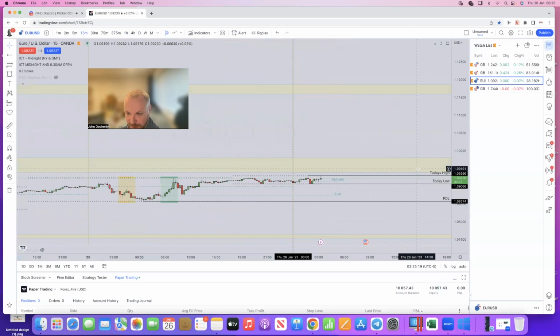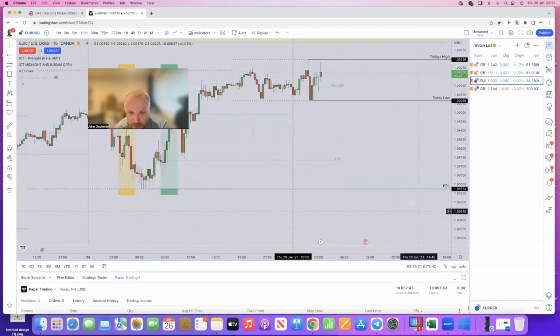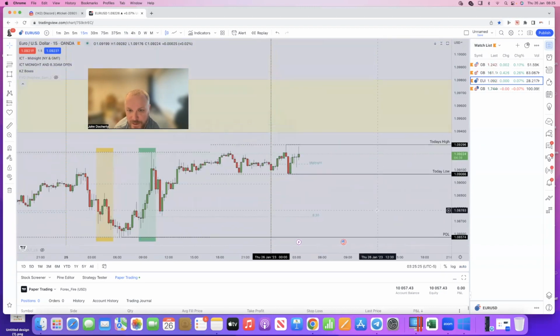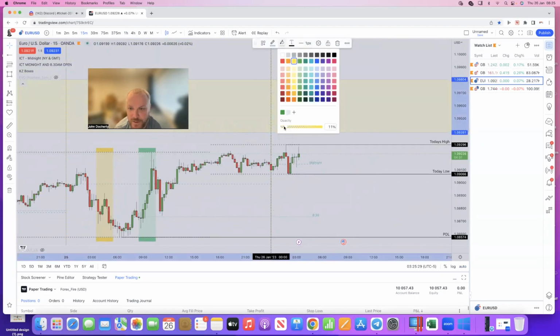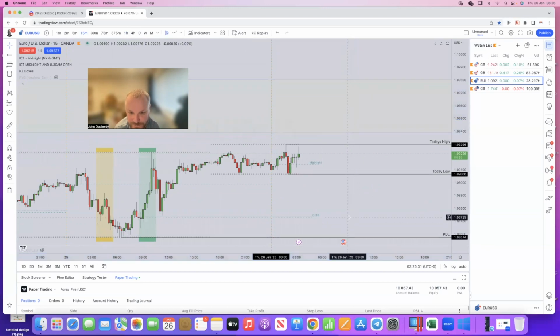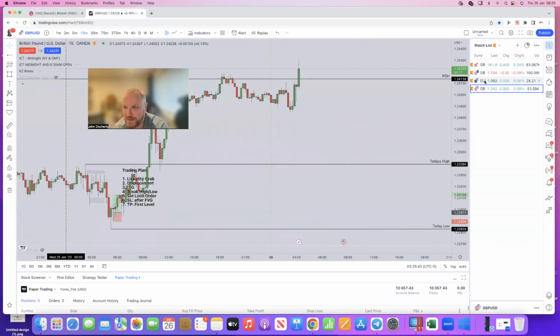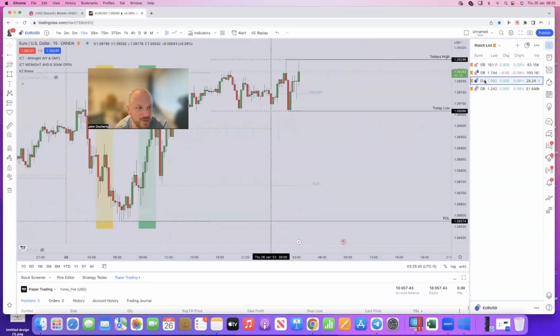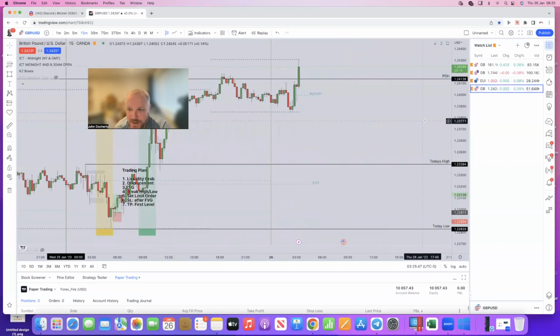Go on to 15 minutes. Click auto on the chart. Again, I don't want to be off-putting with too many colors today, so I'm just going to minimize this down. We'll take that down. We'll go on to the GBP USD today.